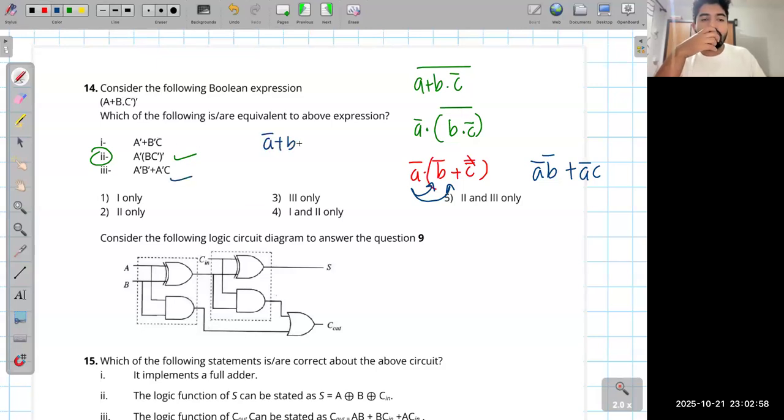A bar plus B bar C. I'll add this one: A bar plus B bar dot A bar plus C. Next, the second and third one is the answer. Second and third, 2 and 3. Fifth one.